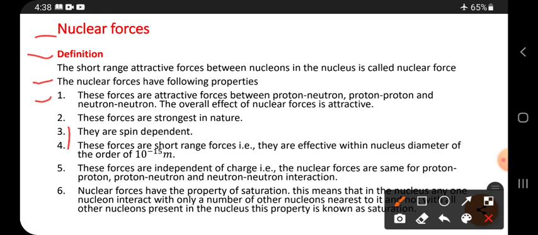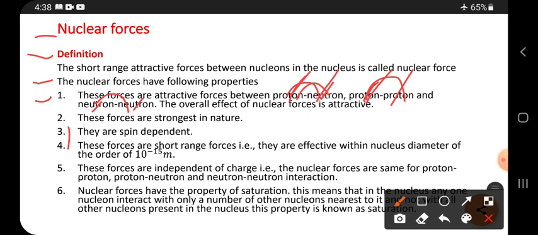First property: these forces are attractive forces between proton and neutron. The overall effect of nuclear forces is attractive. So between proton and neutron attraction is present, proton and proton attraction is present, and between neutron and neutron an attractive force is present.